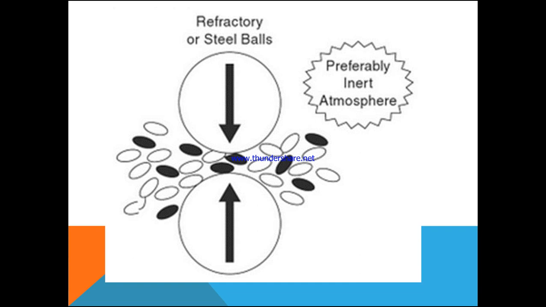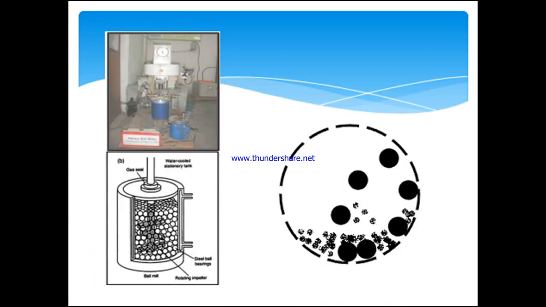So when the bulk material is passed in between these two steel balls which are rotating at high speed, when it comes in contact with this material, due to the impact force of both the steel balls with high speed, the bulk material converts to the nanomaterial here. So this nanomaterial will be taken outside the chamber here. This technique is carried out at room temperature. So this is the machine, what we call a ball milling machine.